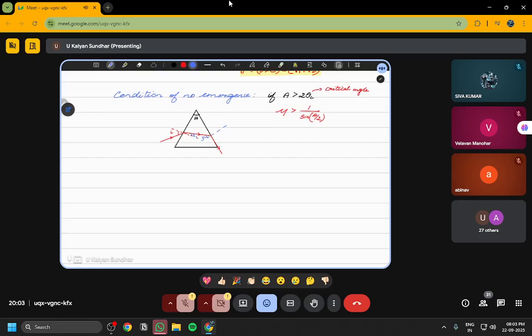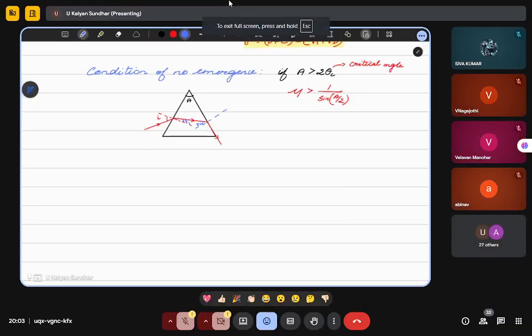This angle will be R2. Right? So this will be the condition for the emergent ray to not emerge from the second refracting surface.